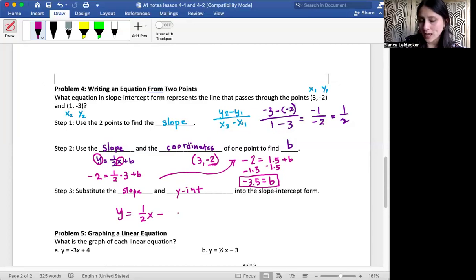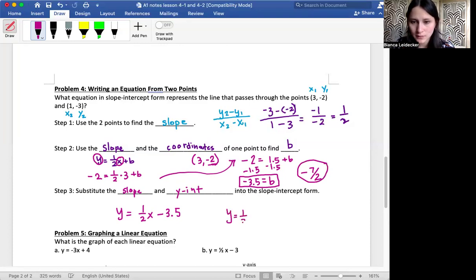So instead of writing plus -3.5, I'm going to just write it as -3.5. Now, if you wrote 3.5 as a fraction, it would be -7/2. And so another option would be to write this as y equals 1/2 x minus 7/2, or 3 and 1/2. Your choice.